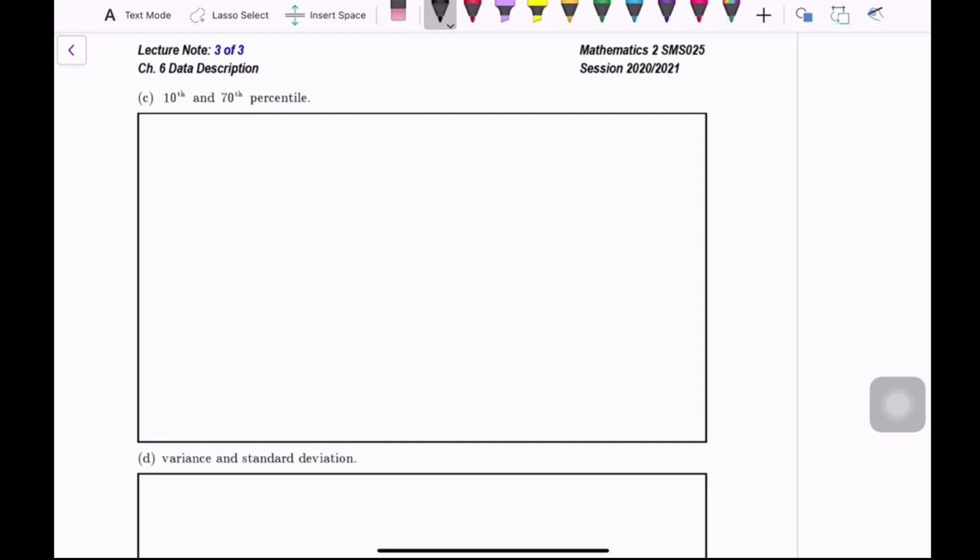Find the 10th and 70th percentile. The 10th percentile is P10. So P10 is the 30 times 10 over 100 observation, which is equal to the third observation.